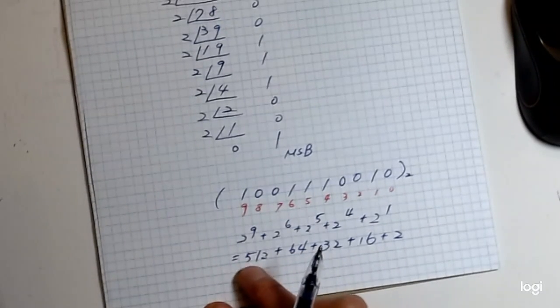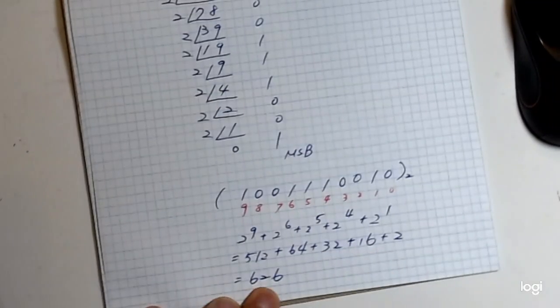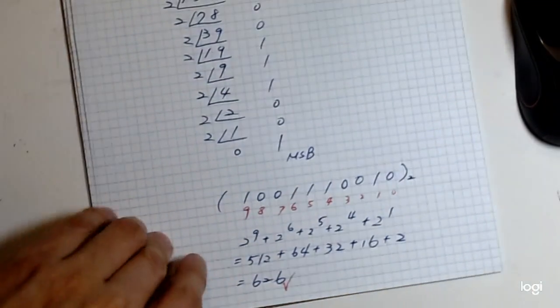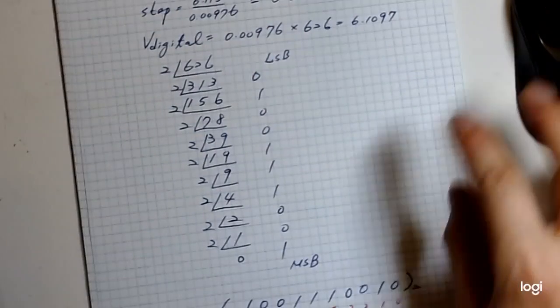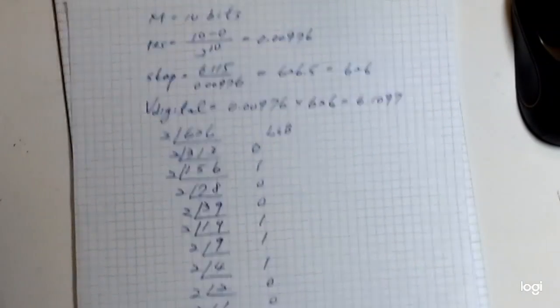That's 626. It's the same as ours, 626 steps. So this is right. Okay, let's do another example.